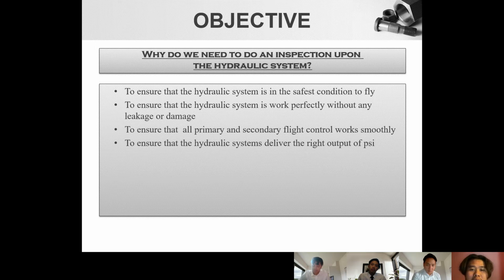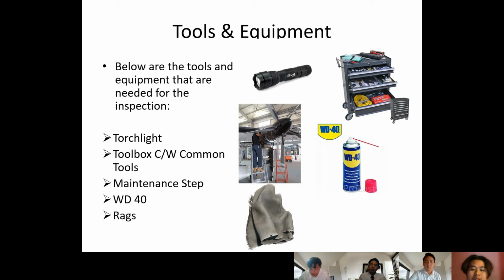Firstly, to ensure that the hydraulic system is in the safest condition to fly. Second, to ensure that the hydraulic system works perfectly without any leakage or damage. Third, to ensure that all primary and secondary flight controls work smoothly. And lastly, to ensure that the hydraulic system delivers the right output of PSI.